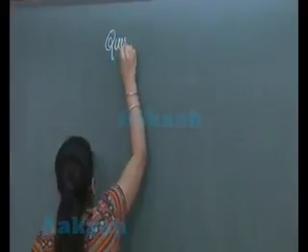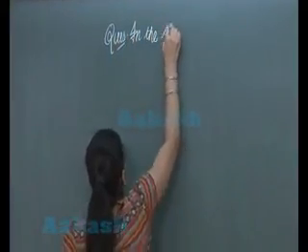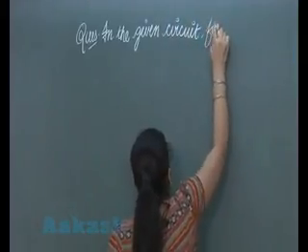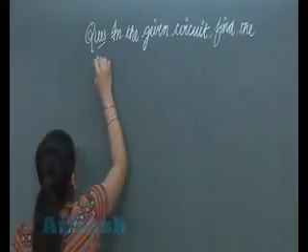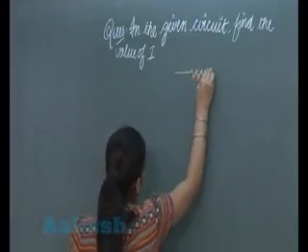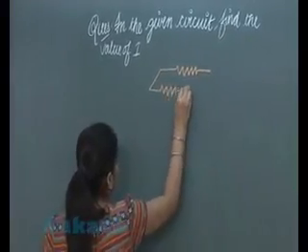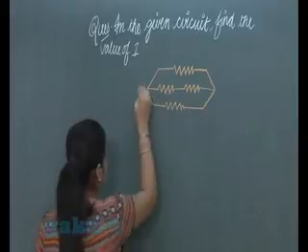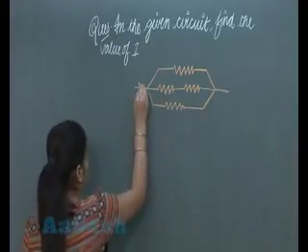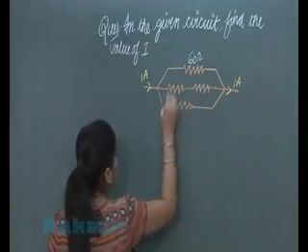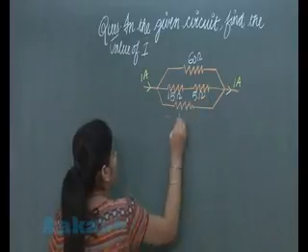Now student, let's solve another numerical, and the question is, in the given circuit, find the value of I. Student, the resistances are 60 ohm, 15 ohm, 5 ohm and 10 ohm.